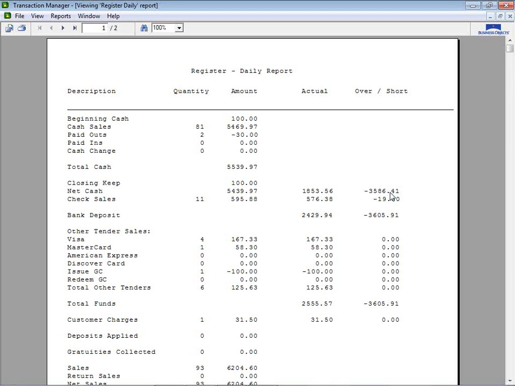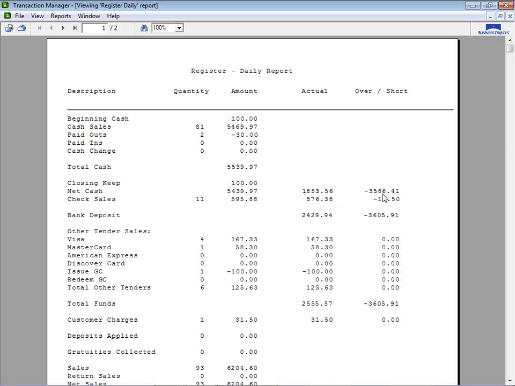Those totals for all drawers for all registers for the day are totaled up in this report. So as of right now, and the day's not over, so we could do another shift closeout and potentially get back into balance here. But as of right now, we are way short of where we think we're supposed to be.